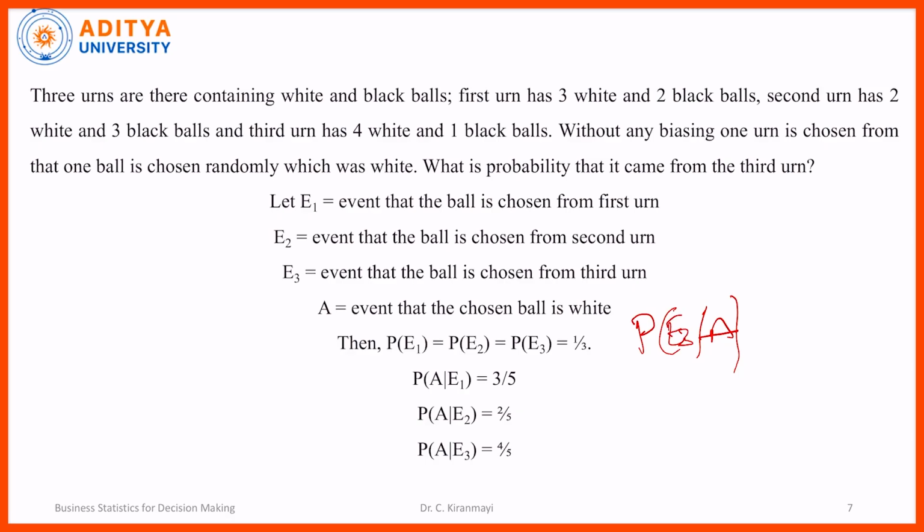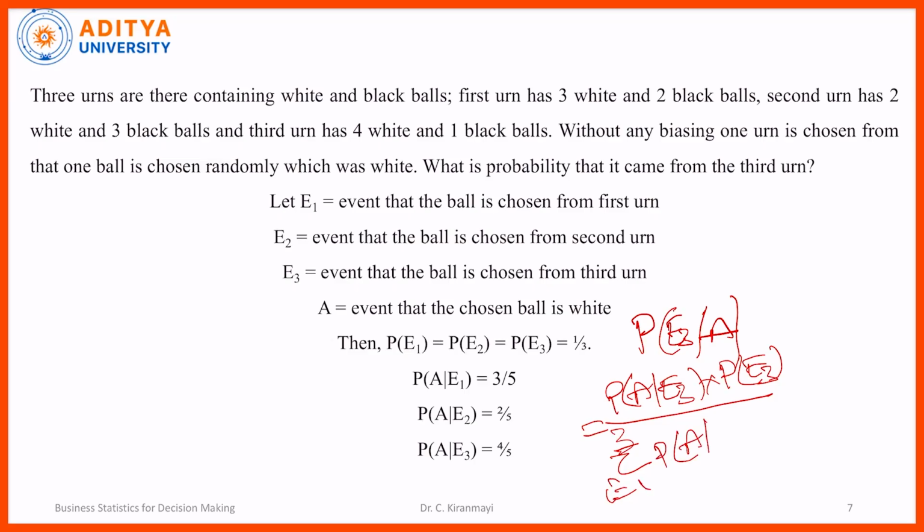This is the probability we are asked to find, and the formula is given as P of A given E3 multiplied by the priori probability P of E3, divided by the summation, i running from 1 to 3, of P of A given Ei into P of Ei.